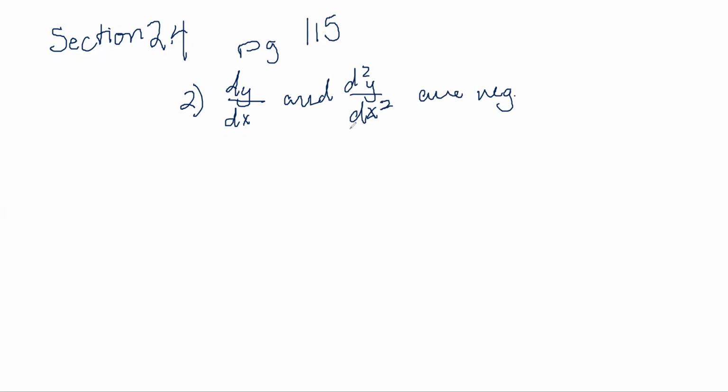I did it in 2 parts. First, I asked myself, where is the derivative negative? Can somebody tell me what points the derivative is negative at? Looking at figure 2.40.